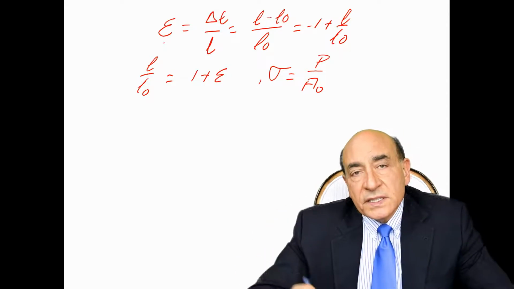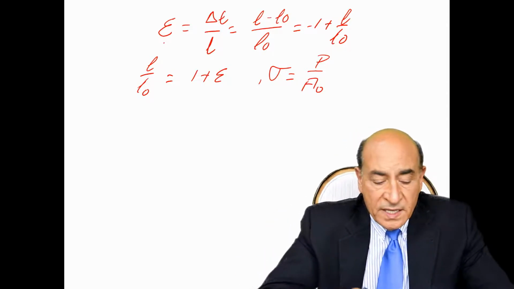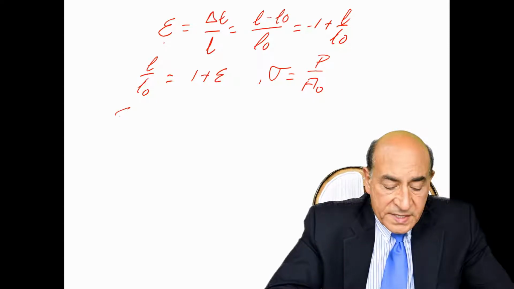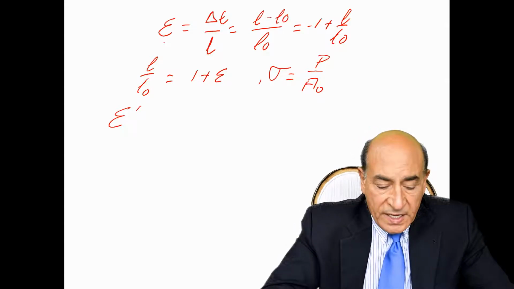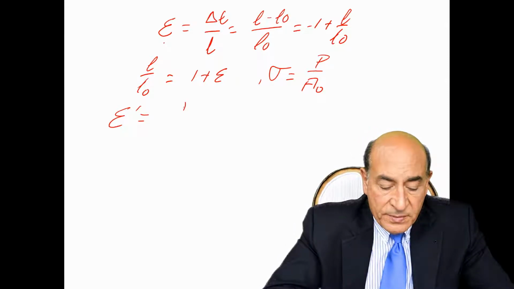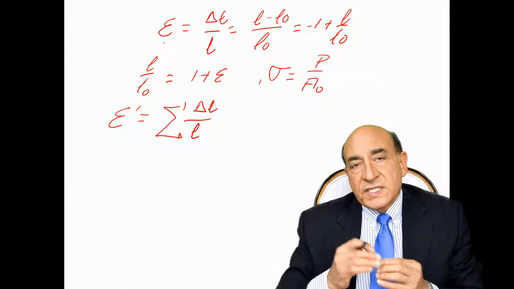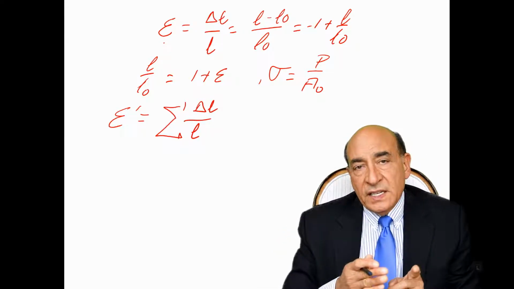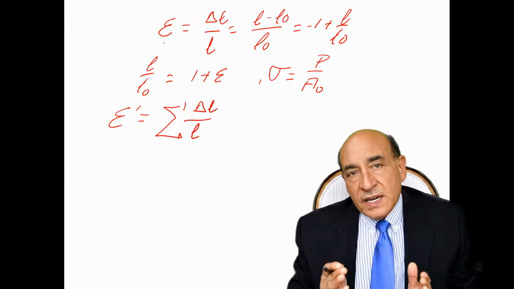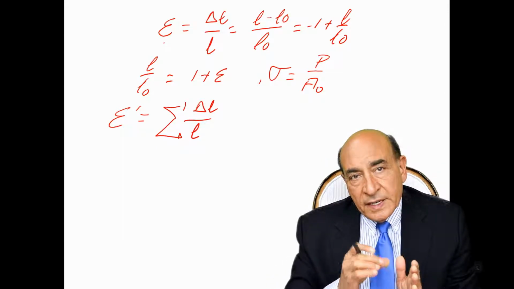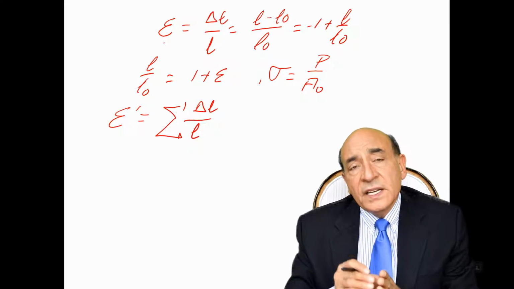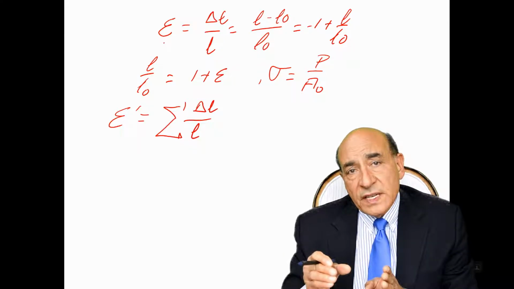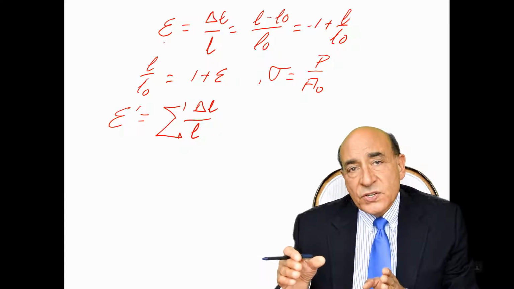Now, if you consider true stress and true strain, we will start from what is epsilon prime. Epsilon prime is a true strain that is equal to a summation of all of the delta L over L, because we would just do that incrementally. A little bit of strain, stop the test hypothetically in our head, calculate the strain, and then recalibrate, and then increase by another increment delta L, and so on.